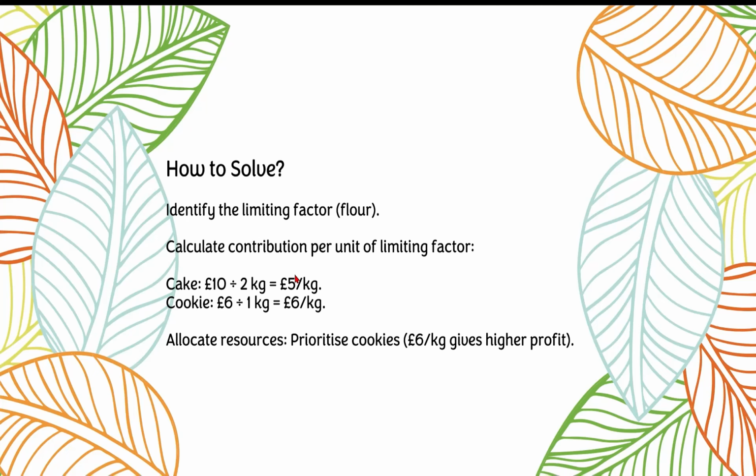Looking at these two, which one is maximizing my contribution per limiting factor? It's cookie, right? So we will allocate all the resources to produce the cookie, because cookie is giving $6 per limiting factor, which is a higher profit in comparison to the cake.